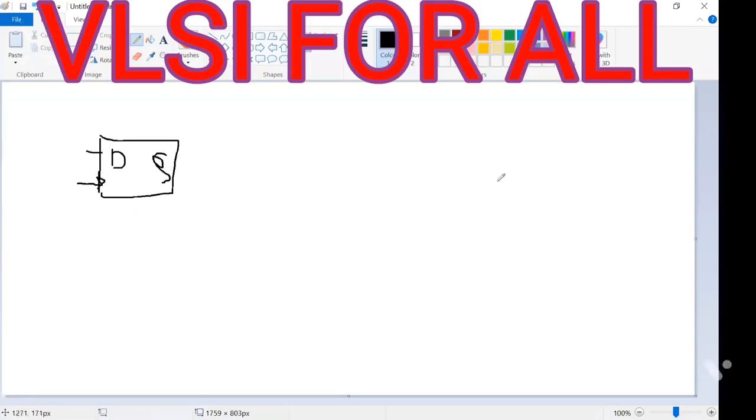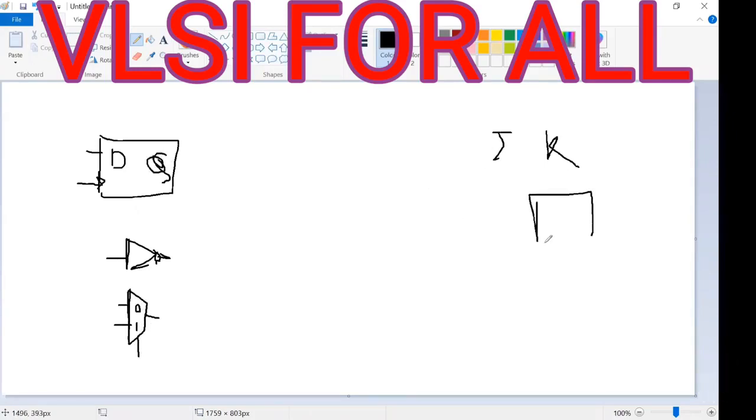What we need to do is characterize the JK flip-flop using a D flip-flop, an inverter, and a 2:1 multiplexer. I guess most of you are aware of what a multiplexer is and what an inverter is. So how to approach this problem? Any idea? Can someone say how to make a JK flip-flop using these three?